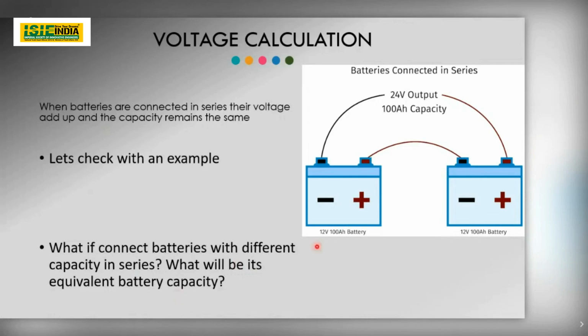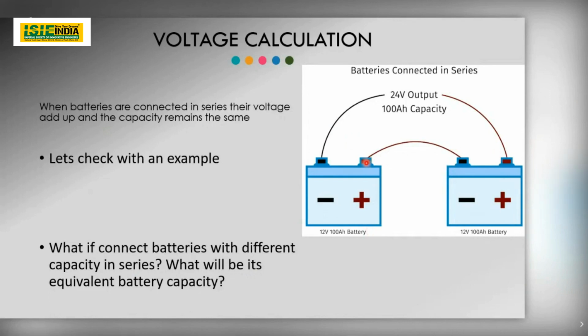The answer to this question is, if two batteries are of different capacity, then their equivalent capacity will be the capacity of the battery with the least capacity. So if one battery is 50 Ah and the other is 100 Ah, their equivalent battery capacity will be 50 Ah, because the 50 Ah battery will discharge before the 100 Ah battery.